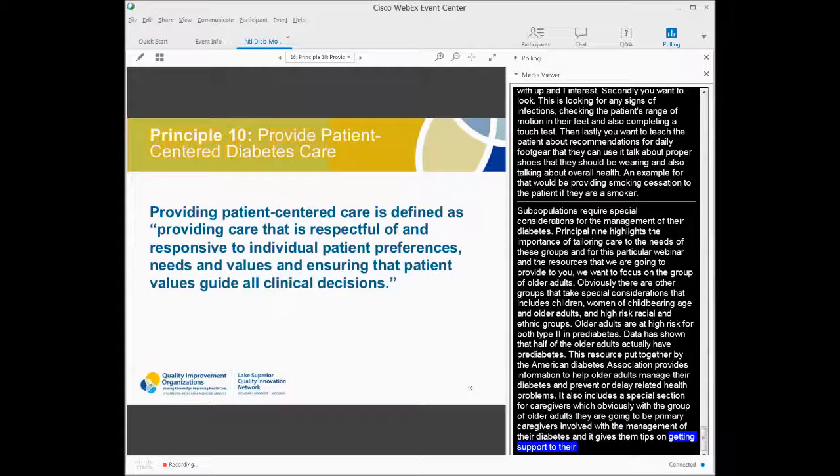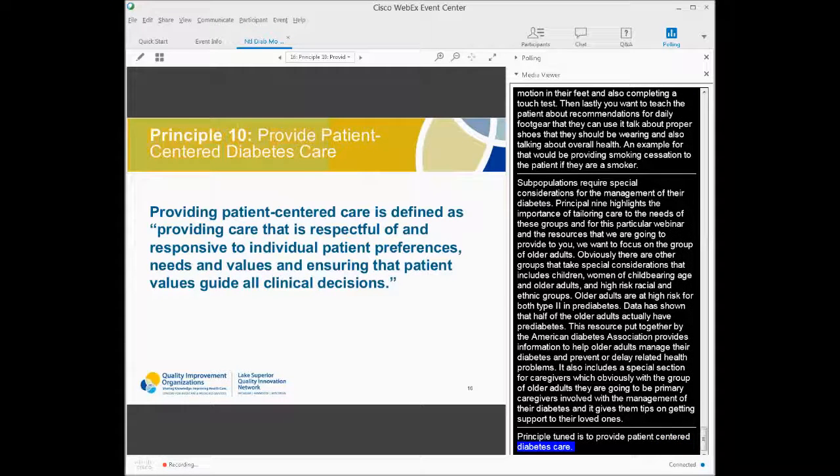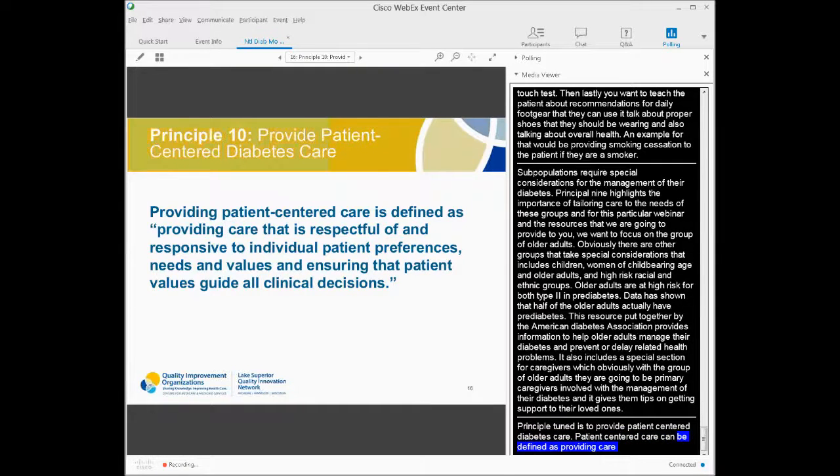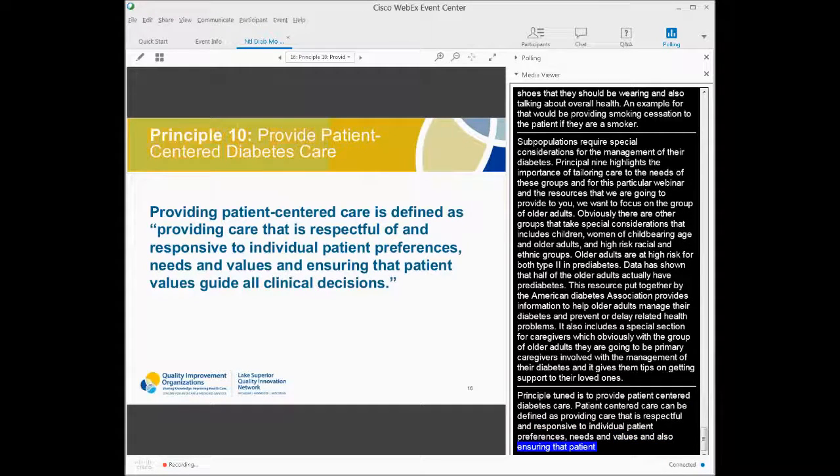And lastly, Principle 10 is to provide patient-centered diabetes care. So patient-centered care can be defined as providing care that is respectful and also responsive to individual patient preferences, needs, and values, and also ensuring that patient values guide all of your clinical decisions. So this principle addresses the importance of patient-centered diabetes care and the management of diabetes.